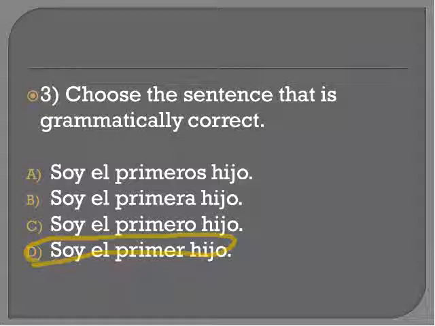Good question. So the first one is incorrect because it's talking only about one, right? So when it says primero, it's plural, that one's wrong. And then we're talking about a boy here, or masculine, right? So you wouldn't say primera, it's not a girl. They don't match. For A to be correct, it has to be ellos.